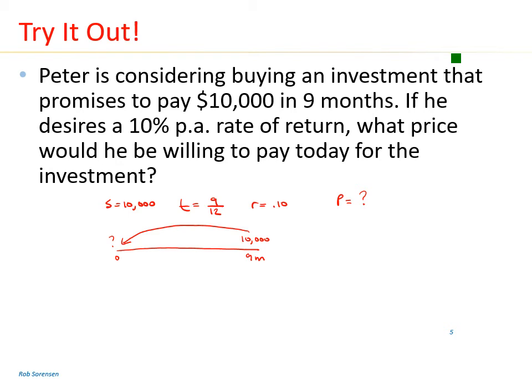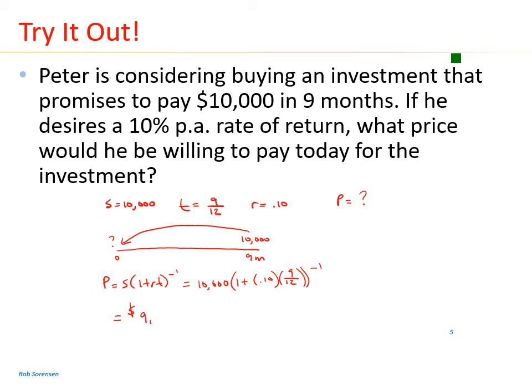So let's go ahead and use the formula for P. Put some numbers in there. We've got 10,000 times (1 plus RT), all raised to the power of -1. And if we work this out, can we expect a number slightly smaller than what we're going to end up with?